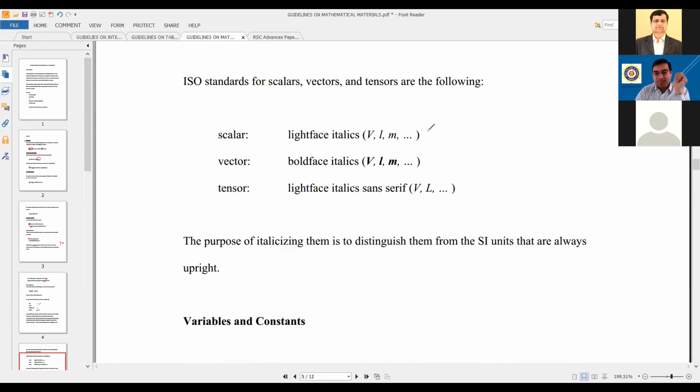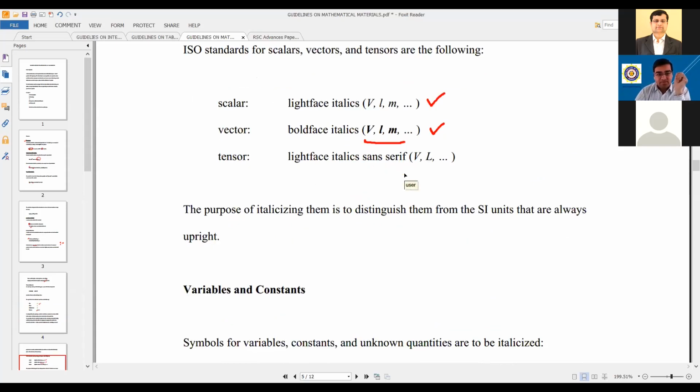Scalars, then vectors. Vectors will be in bold letters. Mathematics people should pay attention. And tensors are represented by capital letters and italics.